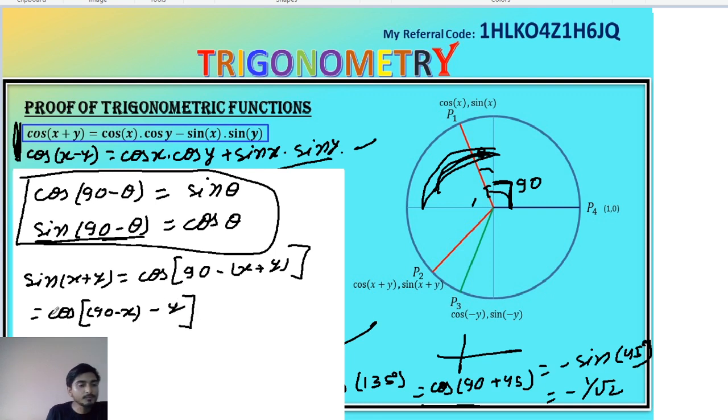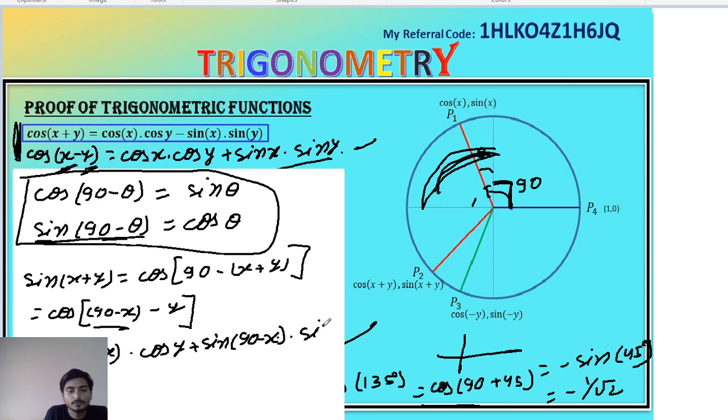Now if I put this 90 minus x as x in this formula and y as it is, I can easily get cos of 90 minus x into cos y plus sine of 90 minus x into sine y.